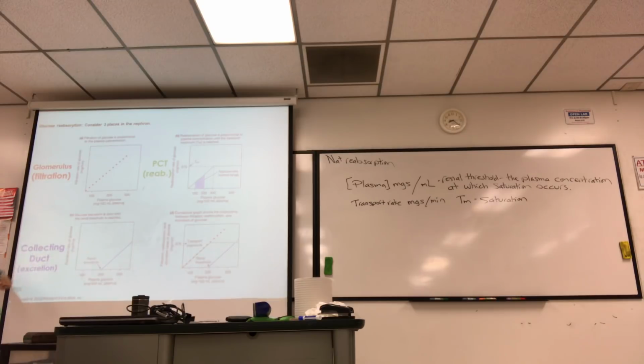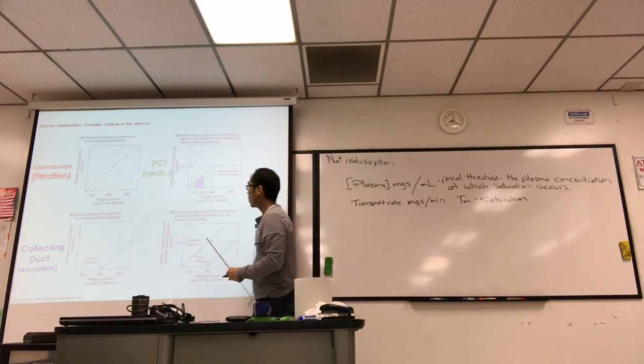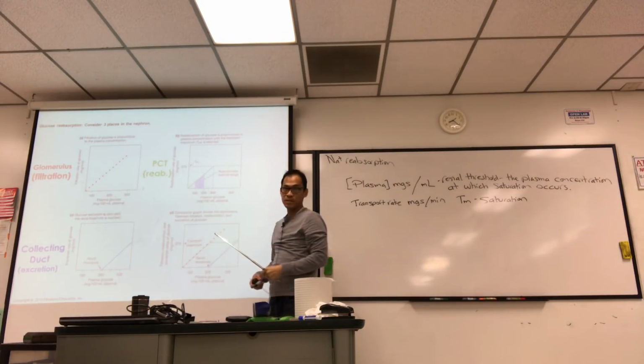If it's small enough to make it through the filtration membrane, it'll be filtered. No matter the concentration, even if it's 500, you just filter all of it. This here, they give you a normal range of glucose. This is reabsorption, say for example at the PCT.